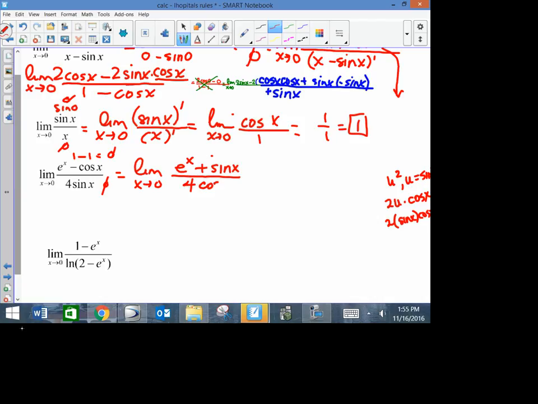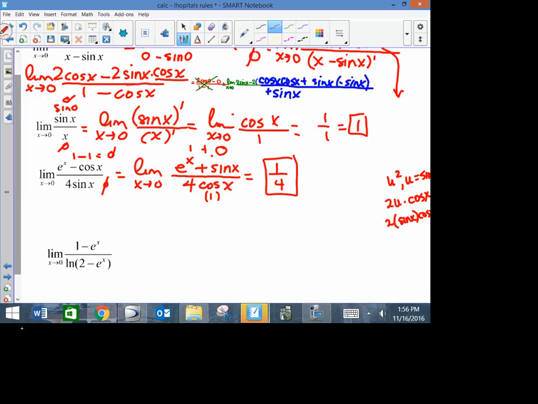Plug in 0. e to the 0 plus sine of 0 is 1, since the sine of 0 was 0. 4 times cosine of 0 is 4. So we got 1 over 4. There's your new limit.